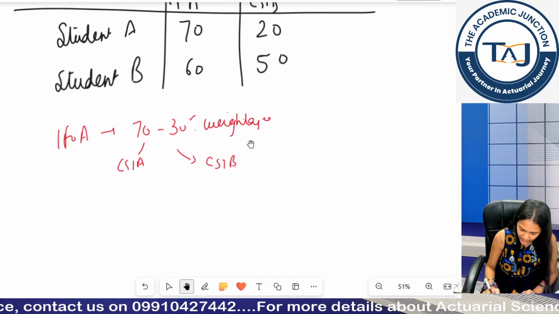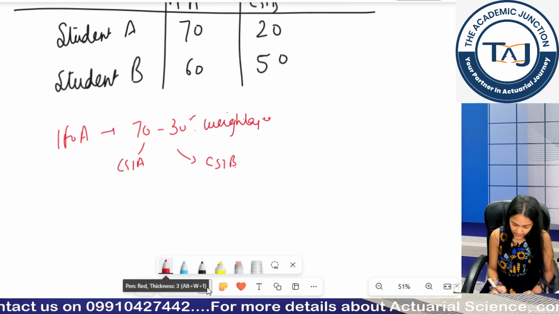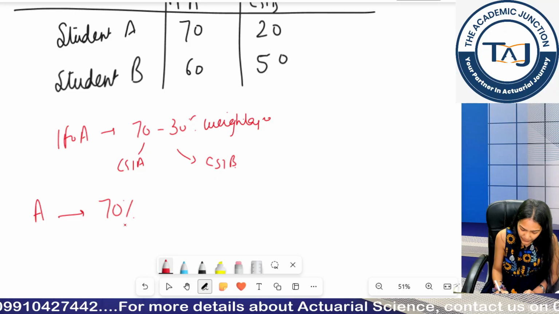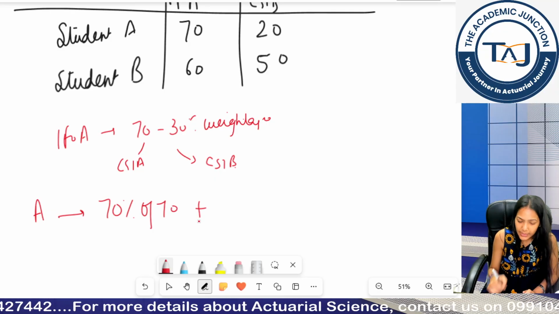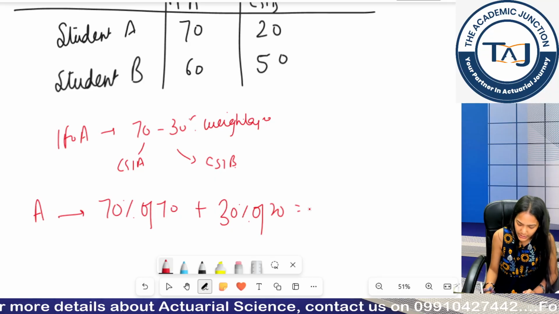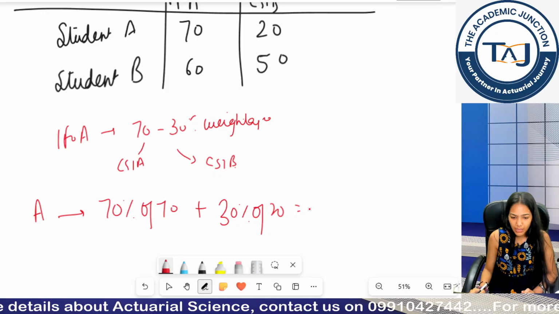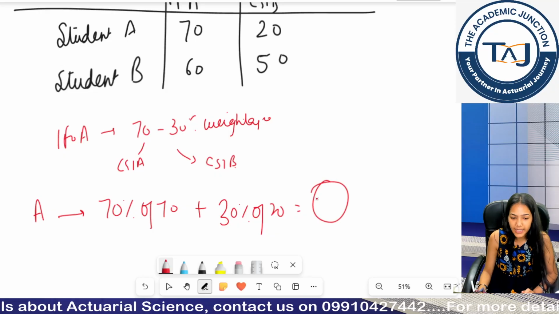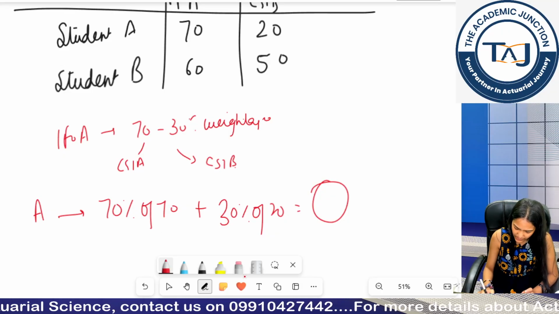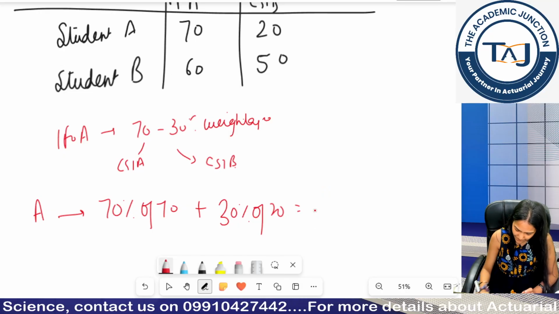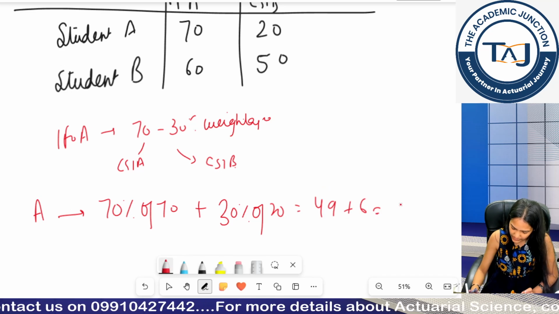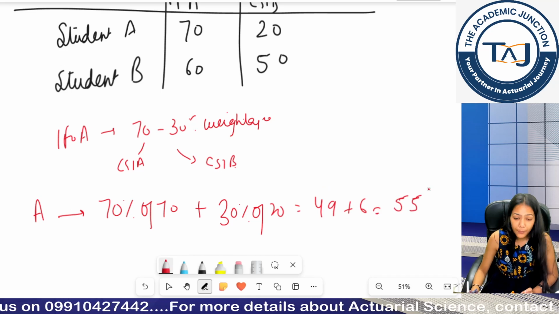So let us calculate the marks that student A gets. Student A received 70 in paper A, so we take 70% of 70, plus 20 in paper B, so we take 30% of 20, and then we get the total marks, and this mark decides whether he is passing or failing. So 70% of 70 is 49 and 30% of 20 is 6, so this becomes 55.